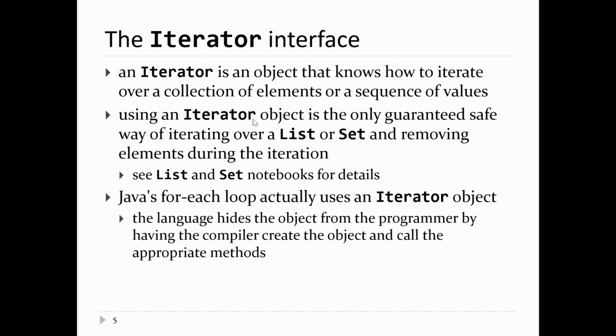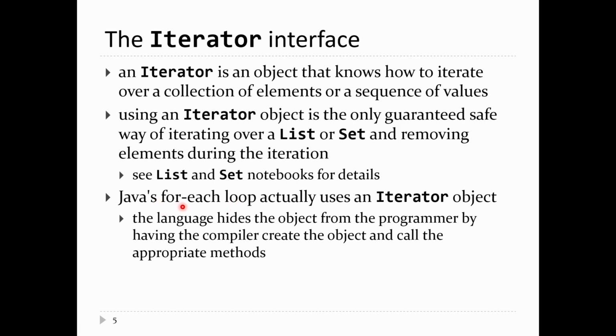Using an iterator object is the only safe way to iterate over a list or set or map and remove stuff from it. We don't actually talk about that in the course, but if you want to, you can look this up in the notebooks, and it shows you how to use an iterator to remove stuff from a collection as you're iterating over it.